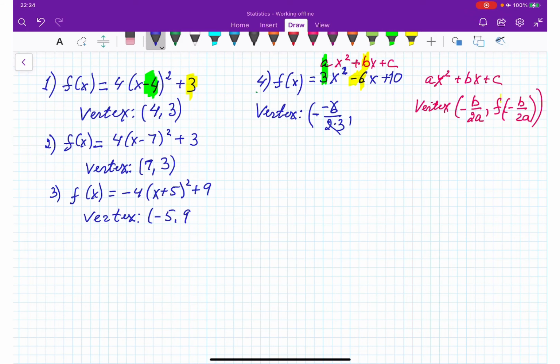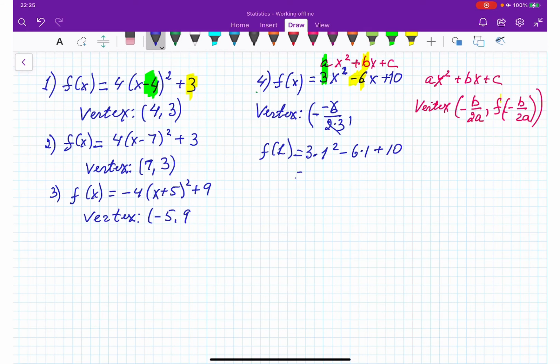So the vertex, no, the function f of 1 is equal to 3 times 1 squared minus 6 times 1 plus 10.